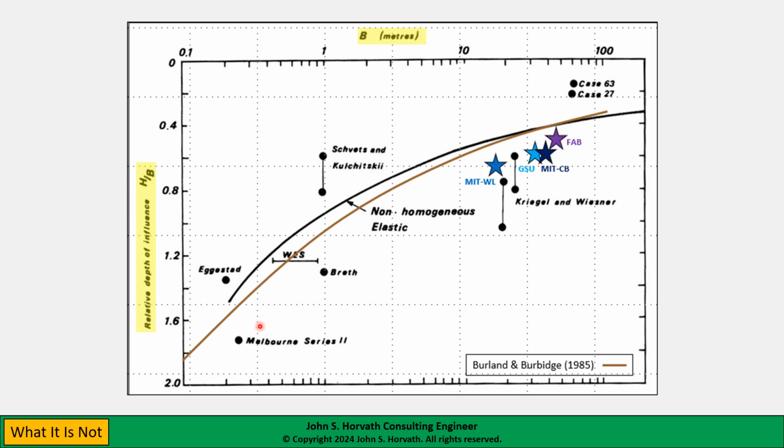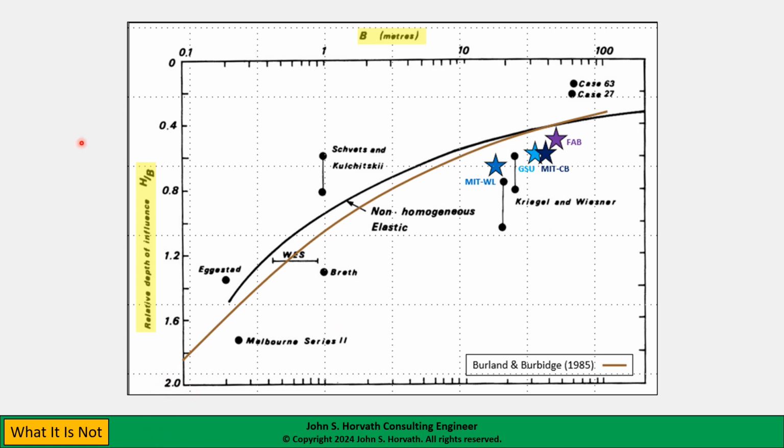And in any event, what you see here is that this H over B relationship is highly nonlinear, okay? Very dependent on the width of the foundation. And I want to point out that anyone who's taken undergraduate soil mechanics, one of the first things you learn using homogeneous elastic theory is that the significant stress depth for a square is 2, and for an infinite strip is 4, way down here off this plot.